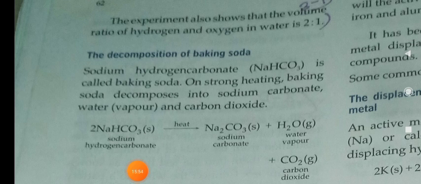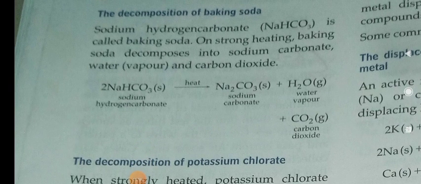Decomposition of baking soda, that is sodium hydrogen carbonate, NaHCO3. You know baking soda, which is used in our day-to-day life. When it is heated, it becomes sodium carbonate, Na2CO3, and water vapor and carbon dioxide are also formed. So this decomposition is an example of a decomposition reaction.